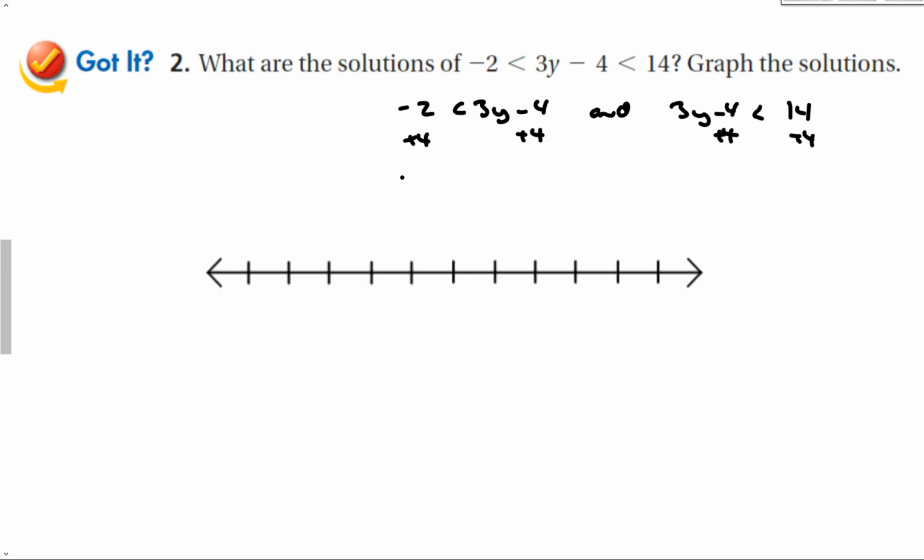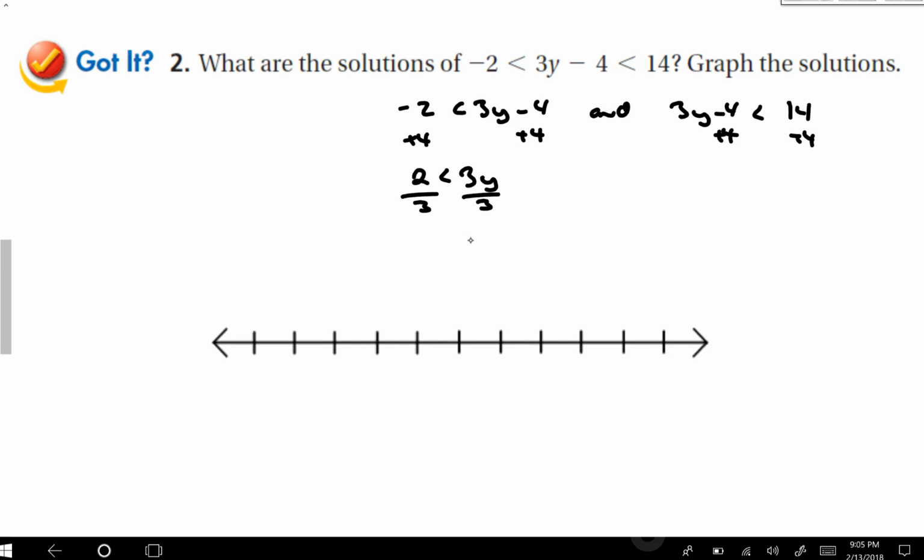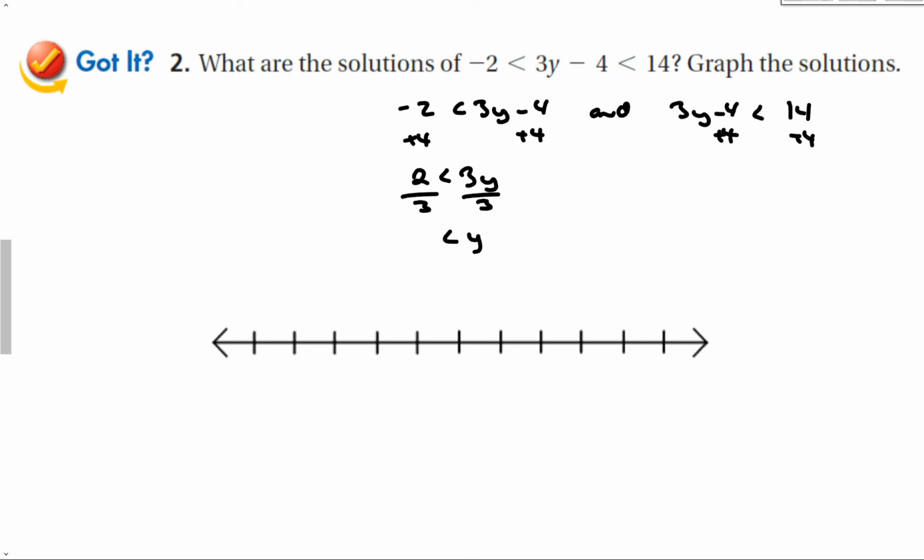So we have a positive 2 is less than 3y. Divide both sides by 3, and we get that y is greater than 2/3. Add 4 to the other side, we have 3y is less than 18. Divide by 3, and we get y is less than 6.